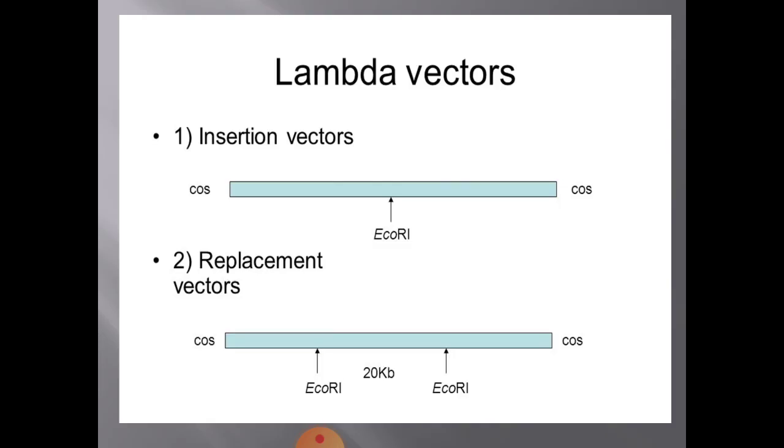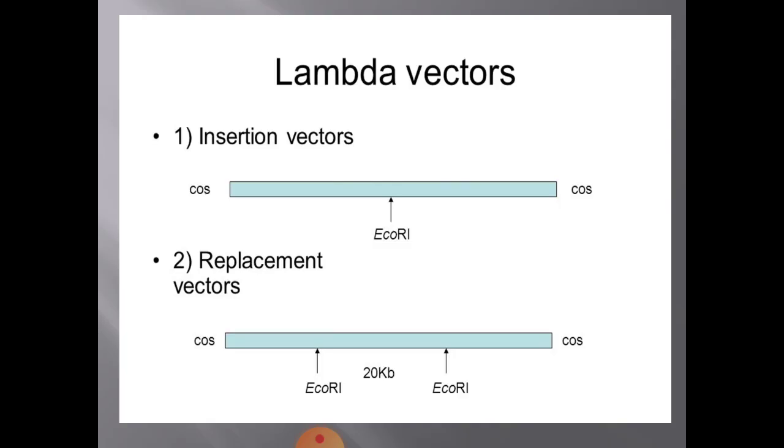So you will have two sites for cloning. You can see here the linear DNA molecule with cohesive termini at both the ends. You have two positions where you find the target site for EcoR1. In between there is a DNA segment measuring up to 20 kb.